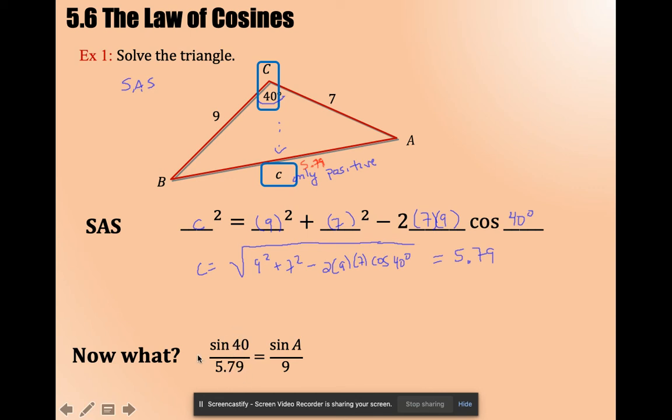So sine of 40 degrees, oh, I should have degrees on, shouldn't I? Sine of 40 degrees compared to 5.79 is the same as the sine of A compared to 9. And I got 89, not exactly, 89.0 degrees.